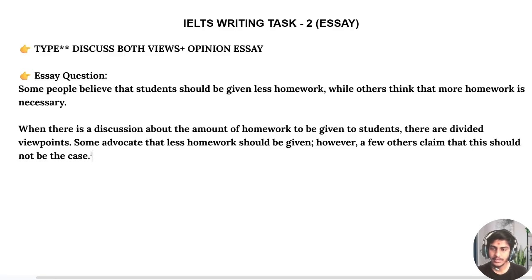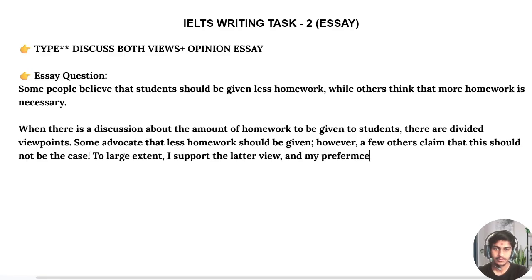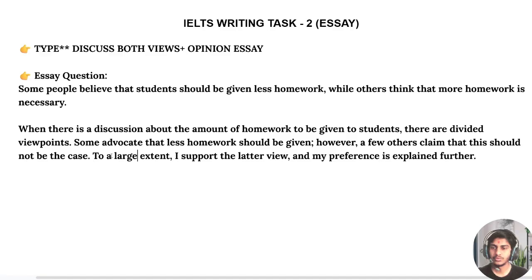To a large extent, I support the latter view and my preference is explained further. Here our introduction is over.